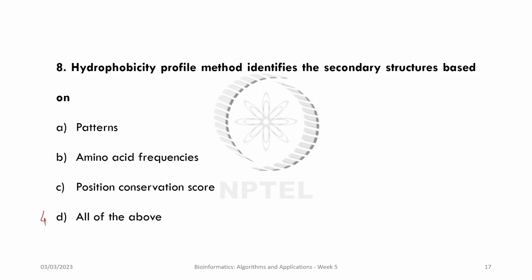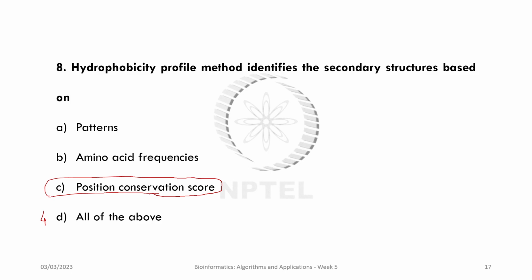Okay, guys, let me give you this. Think about option C. Have you ever worried about position conservation score in hydrophobicity profiles? Last week we did an extensive hydrophobicity profile. We built our own for one of the questions, right?